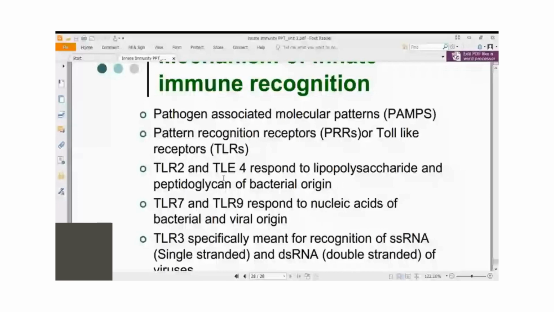TLR2 and TLR4 respond to lipopolysaccharides, LPS, of the bacteria, and the peptidoglycan layer of the bacteria, that is the capsule of the bacteria. Lipopolysaccharide and peptidoglycan are characteristic of bacteria, and are recognized by these two TLRs, TLR2 and TLR4.